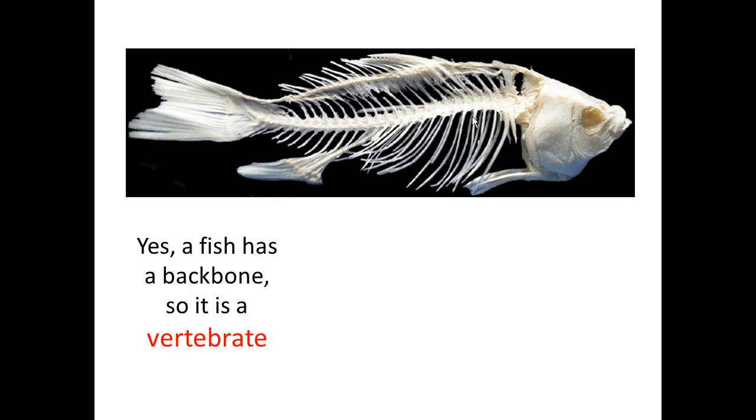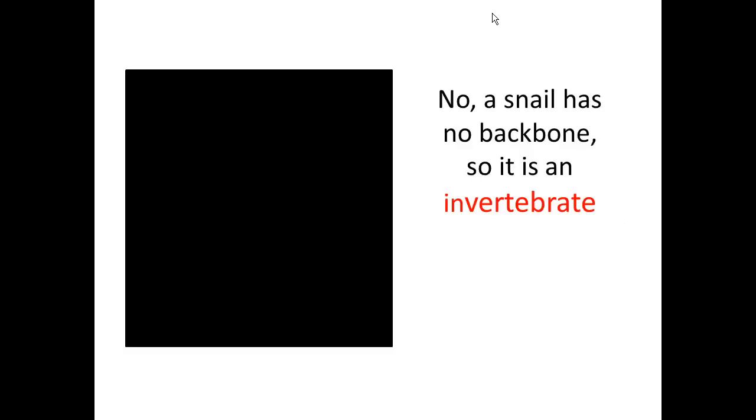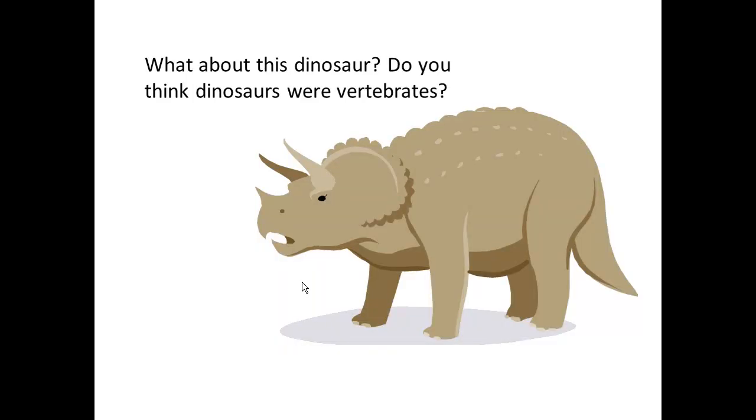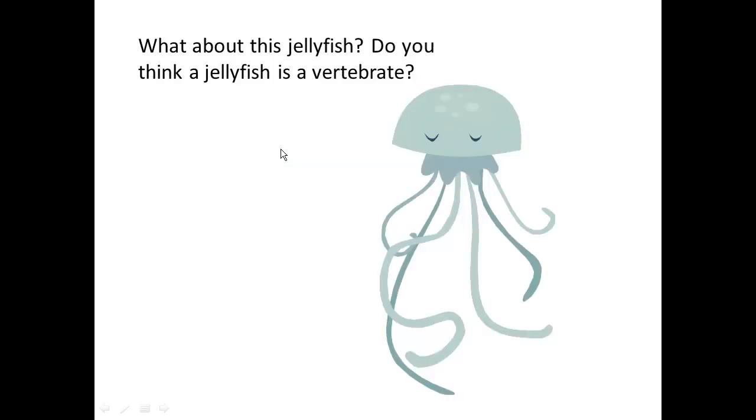The next one is a snail. Let's have a look through an X-ray machine for this animal, and as you can see, it doesn't have any backbone, so it belongs to the invertebrate group. Then we have the dinosaur. Looking at the X-ray, you can see a backbone, so it belongs to the vertebrate group.